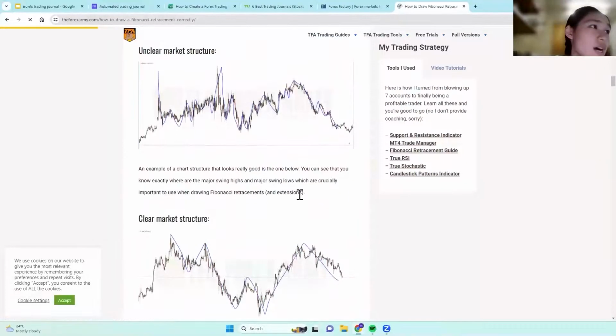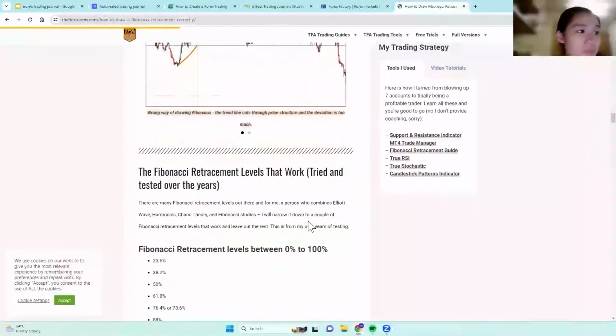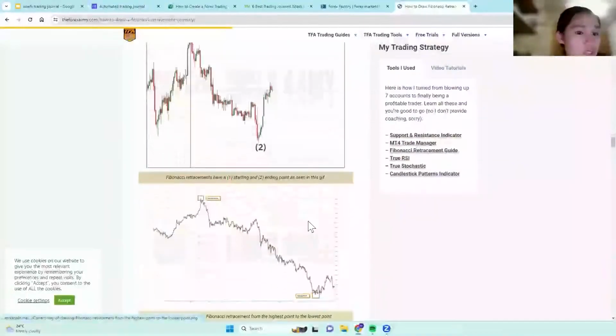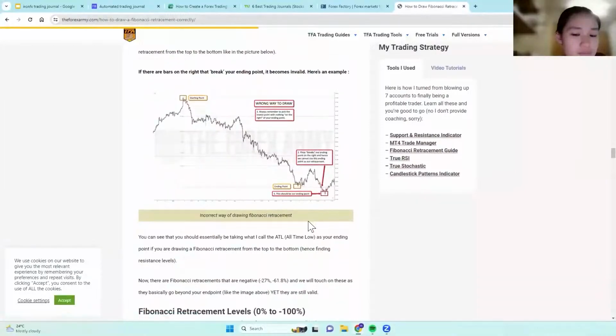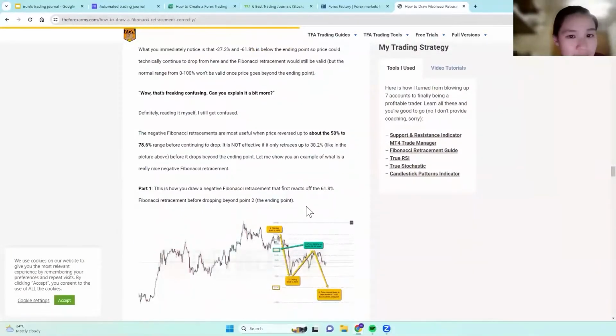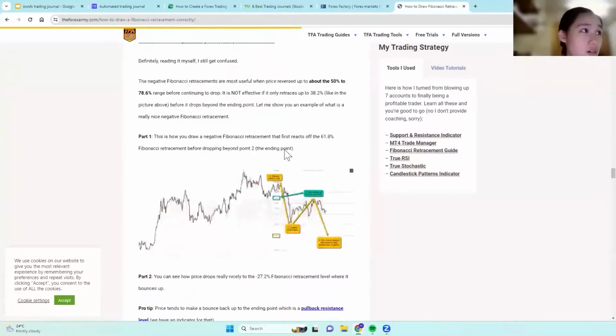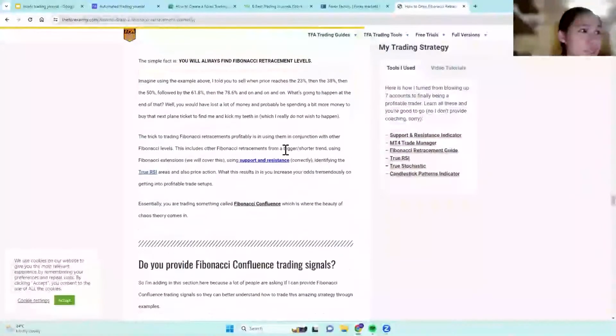What to look out for, unclear and clear market structures. Yeah, what to look out for, checklist. So there are also different techniques for Fibonacci. I think in this guide we go through each of them.